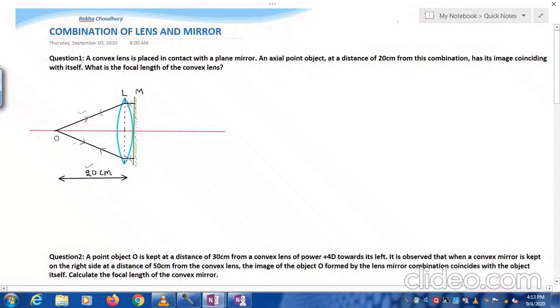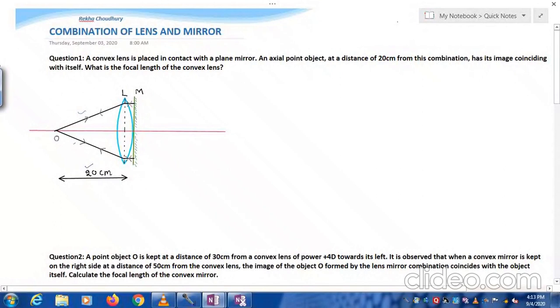So these two refracted rays from the lens, or the reflected rays from the mirror, are parallel to the principal axis. And we know that when the object lies upon the focus of a convex lens, then only the refracted rays are parallel to the principal axis.